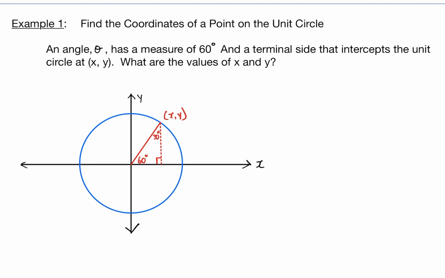okay? In a 60, 30, 90 degree triangle, we know that the value of x, well, let me go ahead and just draw it over here to the side, just so that we have a refresher here. Okay, in a 60, 30, 90 degree triangle, I'm going to go ahead and label these, okay? The hypotenuse is really 2x.